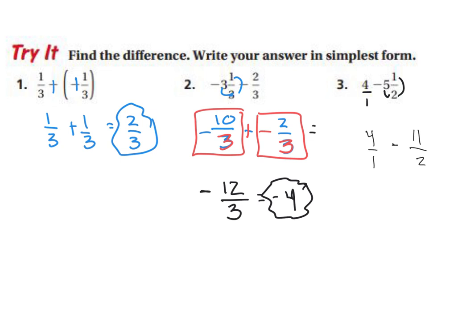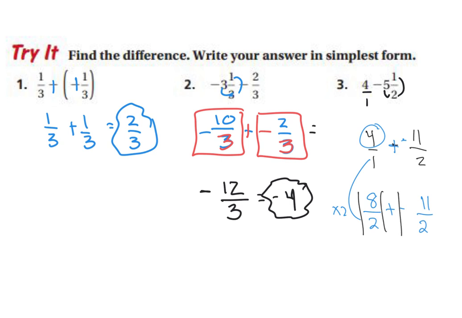I want to change it to an addition, so I'm going to chop slash, and then I need to rewrite this with a common denominator of 2. 1 times 2 is 2, so 4 times 2 is 8. So I have 8/2 plus negative 11/2.